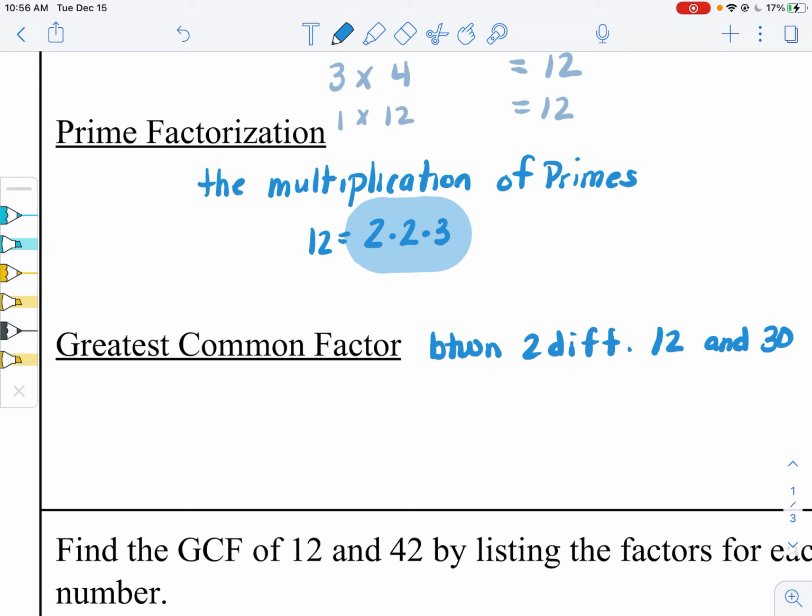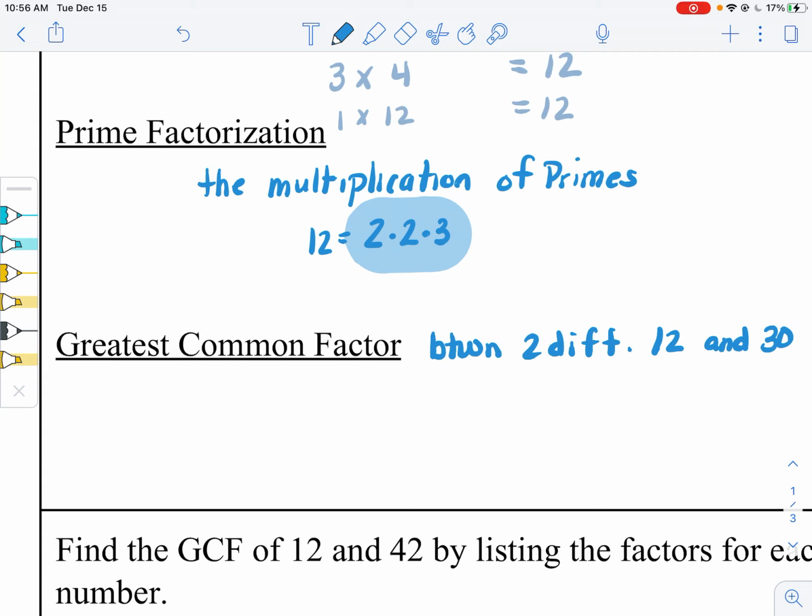Which is the biggest factor that they have in common? I know that 2 goes into 12 and 30, but is that the biggest one? Maybe not. Does 3 go into 12 and 30? Yes, but is it the biggest one? Maybe not. 4 only goes into 12, not 30. 5 doesn't go into either. 6 goes into 12 and 30, but is it the biggest one?